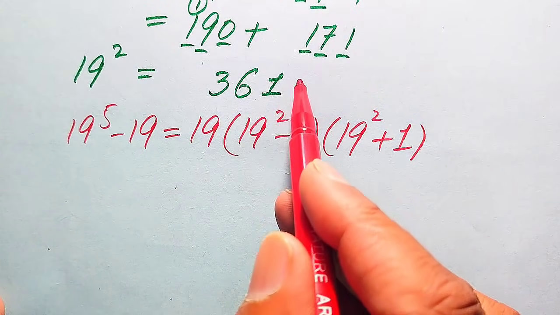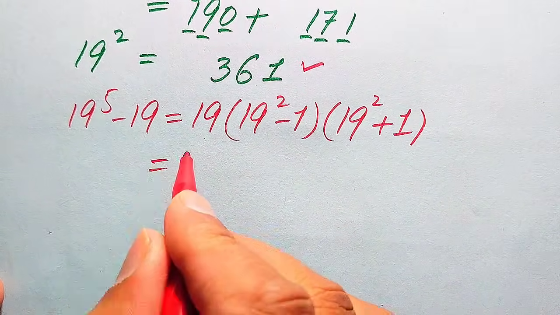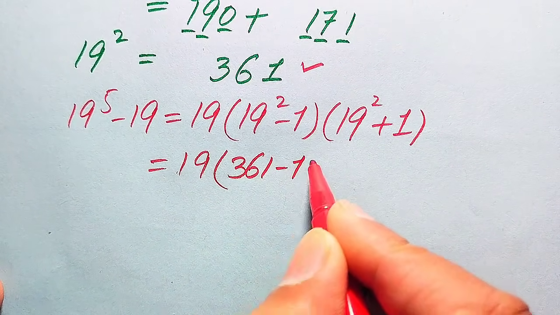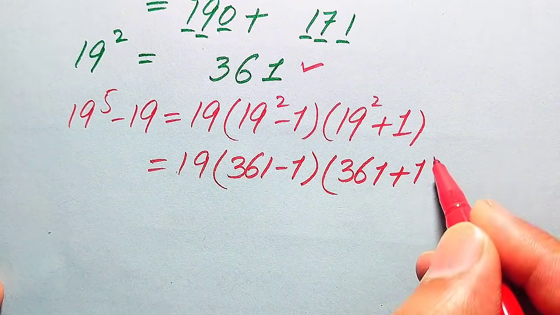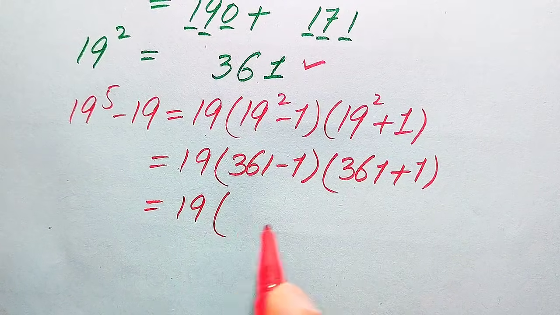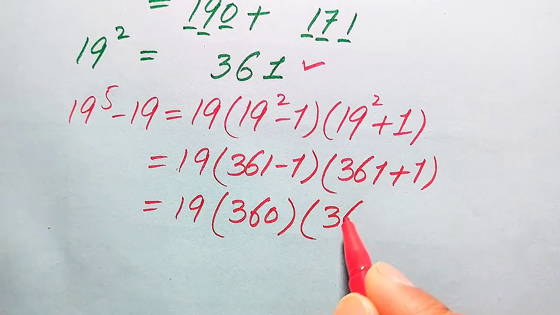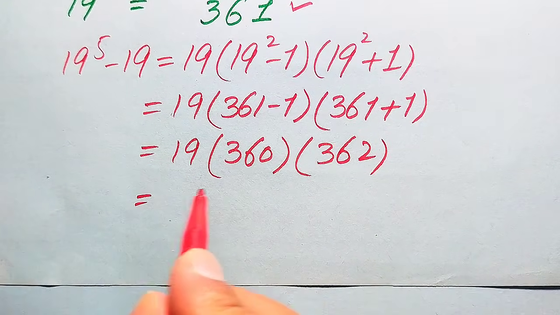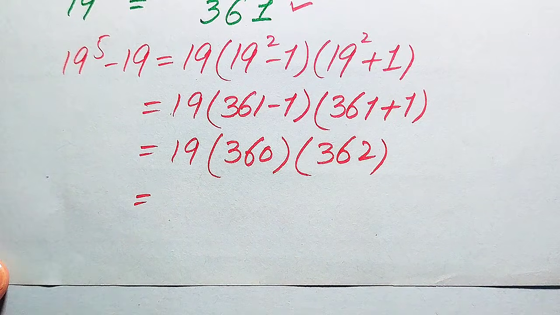So when we put the value here, it becomes 19 times 361 minus 1, and 361 plus 1. From here we obtain 19 times 360 times 362. So now first we need to multiply these two bigger values, and our resulting answer is multiplied by this 19.